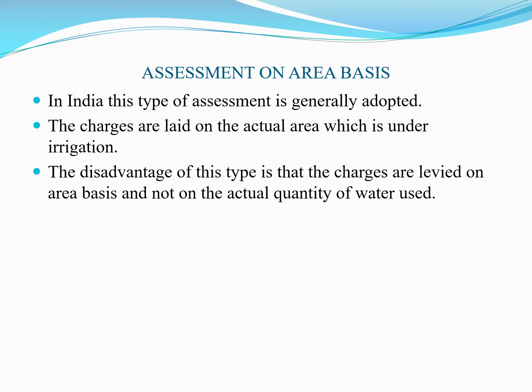These charges are fixed crop wise. The various points on which this assessment is made are the cash value of crops and their payable capacity, water requirement by crop, and time and demand of irrigation water.